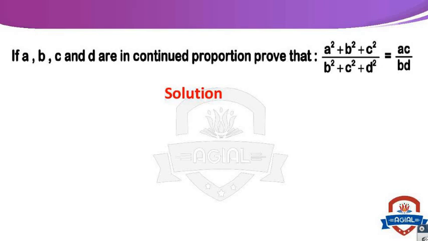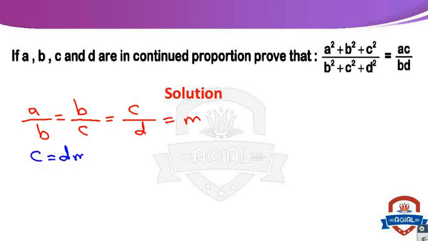At first, A over B equals B over C equals C over D equals M. Then assume C equals DM, B equals DM to the power 2, and A equals DM to the power 3.